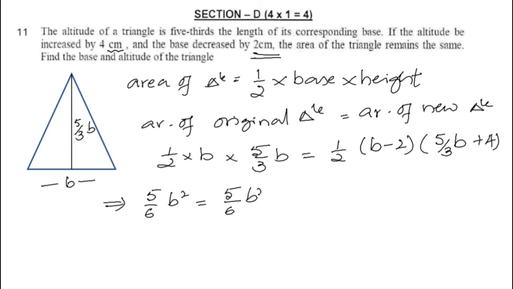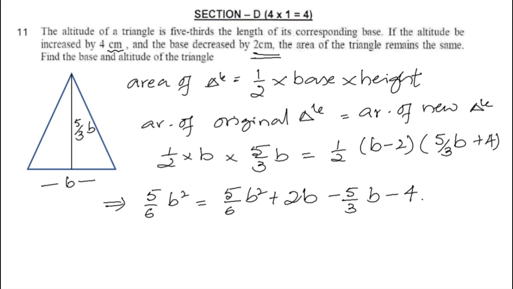5/6 times of b square. I am multiplying this, plus 4/2 is 2. b multiplied to this will become 2b minus 5/3 times b minus 4.